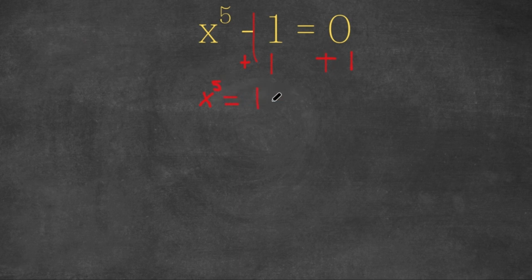So now that we have this, well, we want to get rid of this exponent here. We just want to get x by itself because that's our goal, finding the value of x, right? So to get rid of this exponent, we got to do the opposite of it, which is finding the root of it. So because its exponent is 5, we're going to put this term to the root of 5.